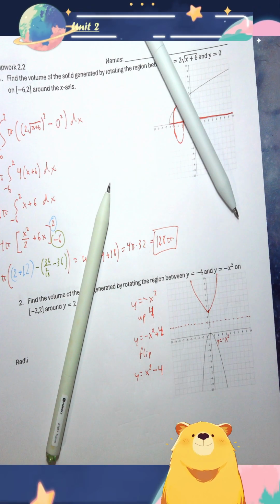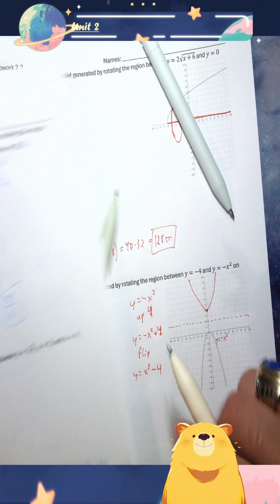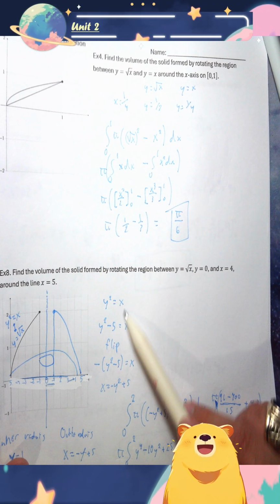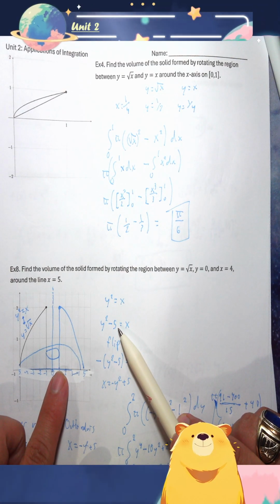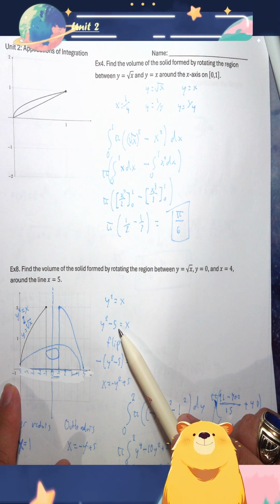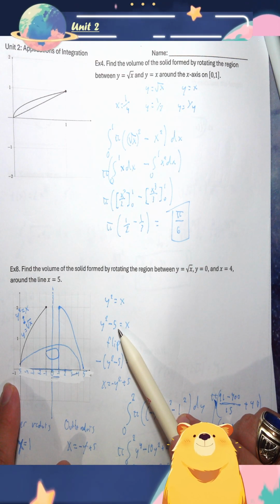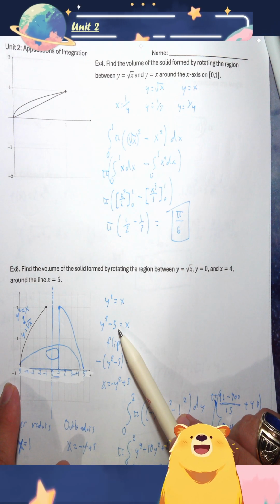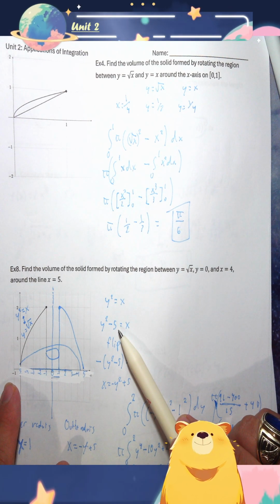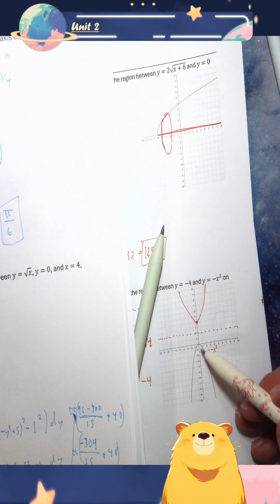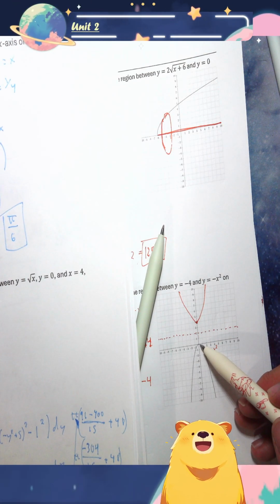Okay. So for this, we started off by moving it 5 because the center was at 5. It starts here at 0.